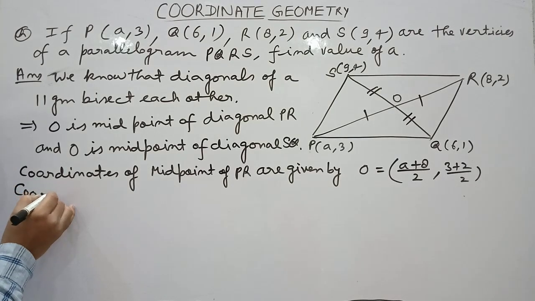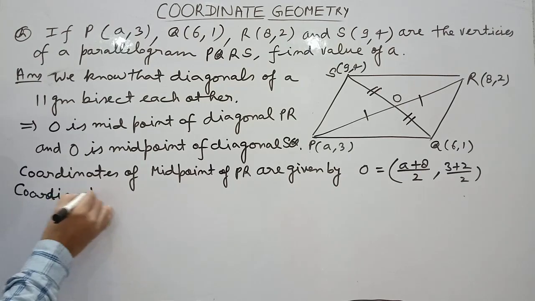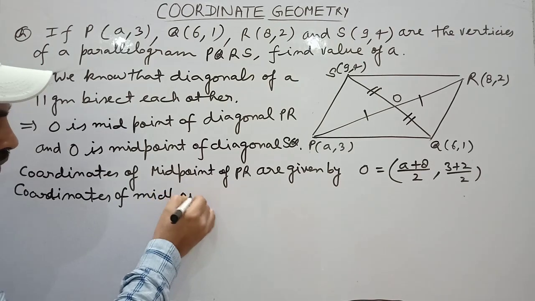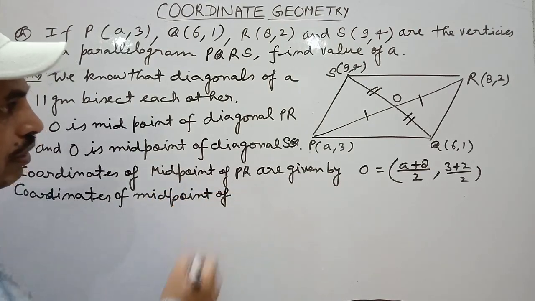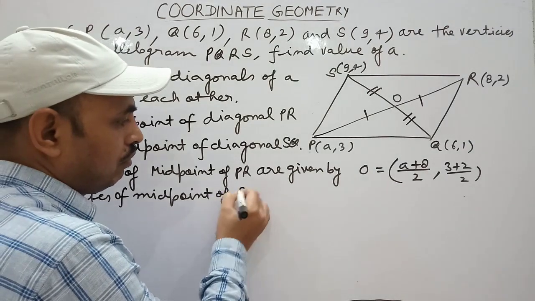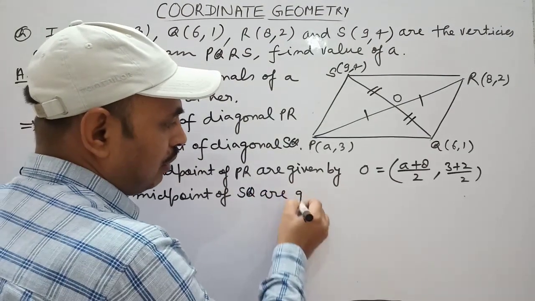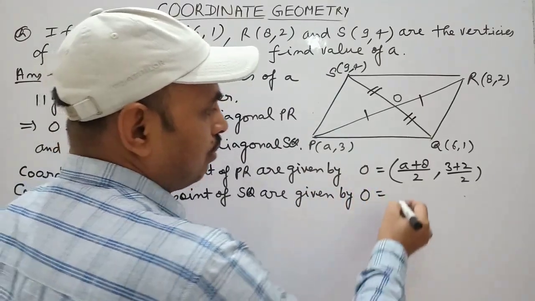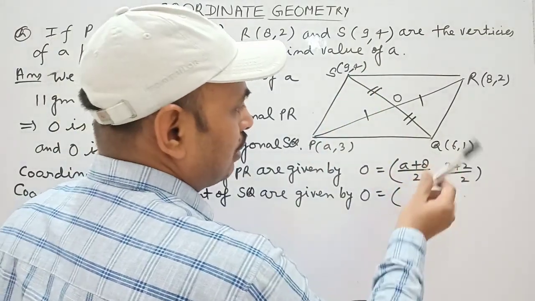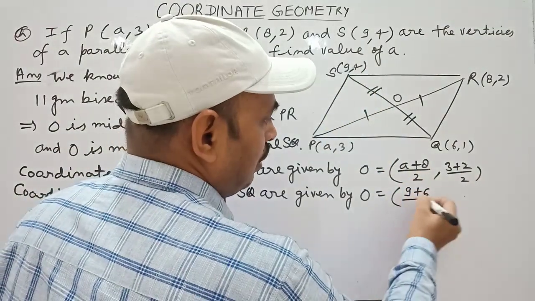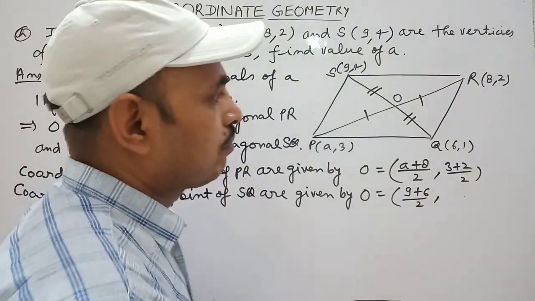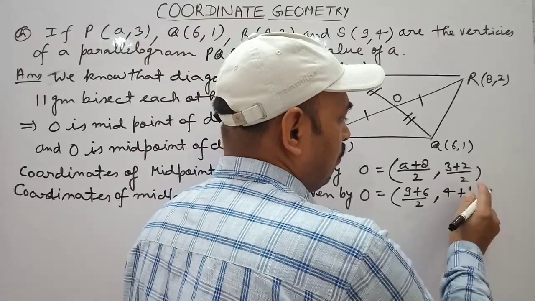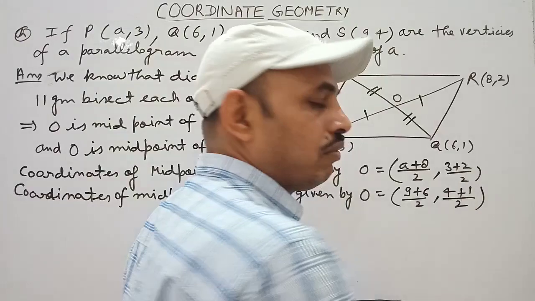Similarly, coordinates of midpoint of diagonal SQ are given by O equal to ((9 plus 6)/2, (4 plus 1)/2).